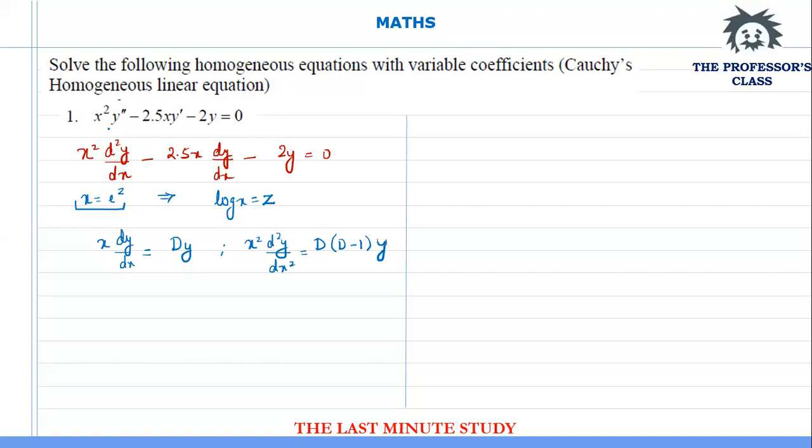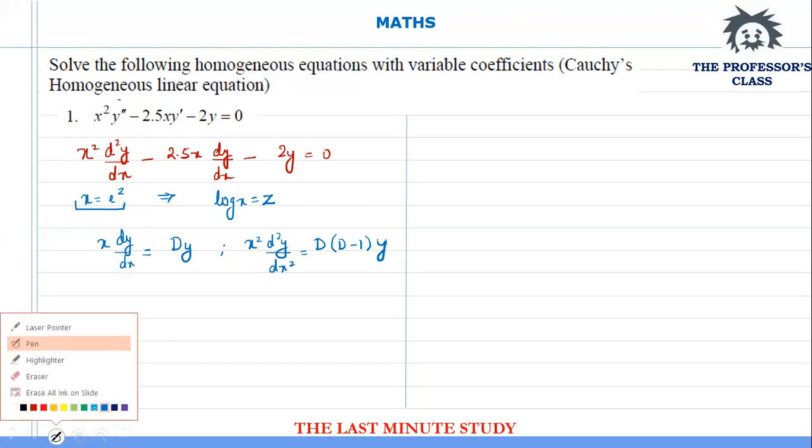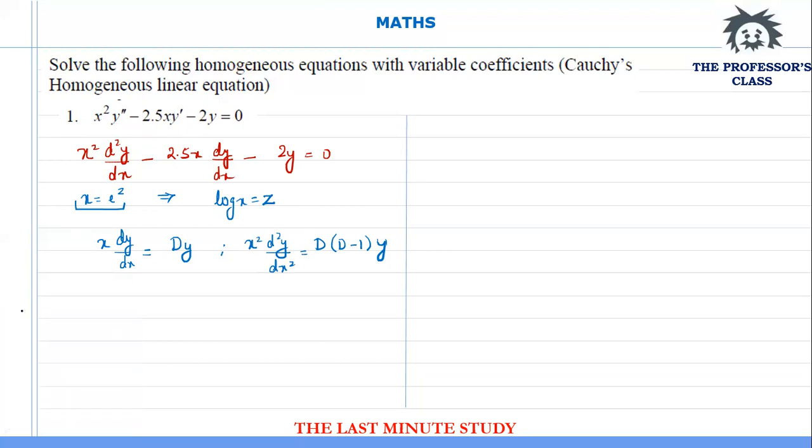Since we are only interested in up to second order over here, I'll be substituting these two values in the given equation to modify it. So my given equation becomes D(D minus 1) of y minus 2.5 times D of y minus 2 of y is equal to 0.